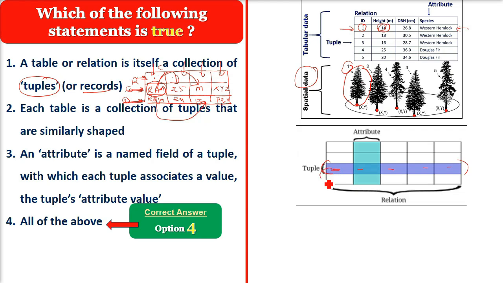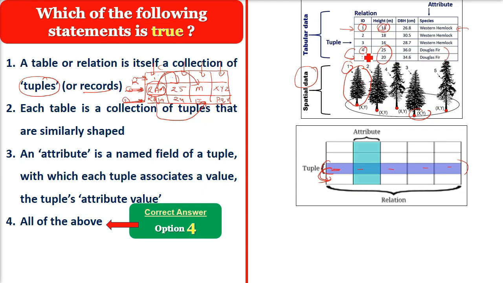And what about the relation? The relation between, say, Ram and Rajni: they may be kids of the same home. How about these trees 1, 2, 3, 4, 5? Trees 1, 2, 3 have a relation. They belong to the species western hemlock. How about 4 and 5? These belong to a species called Douglas fir.